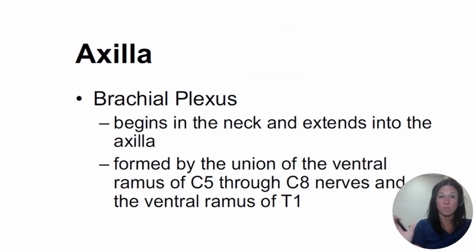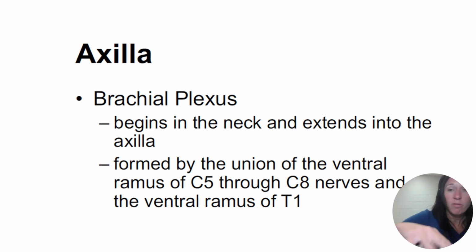Moving into the brachial plexus now, brachial plexus is going to be responsible for innervation of all of the muscles within the upper extremity, some of the muscles within the shoulder, muscles of the chest, and we're going to see the formation of the brachial plexus, and it starts in the neck and extends into the axilla.